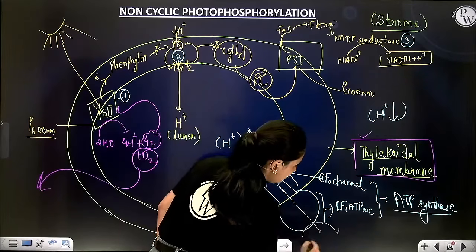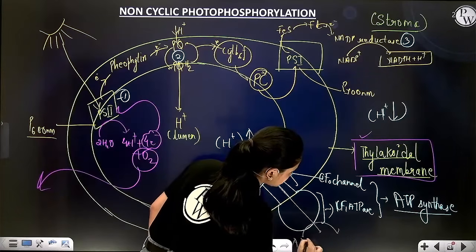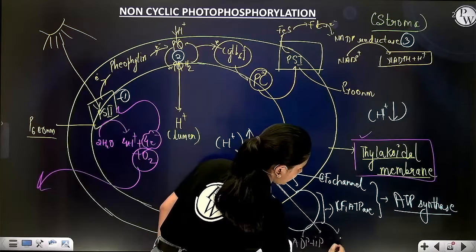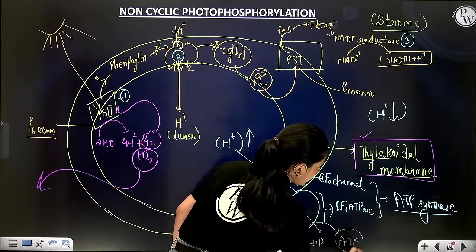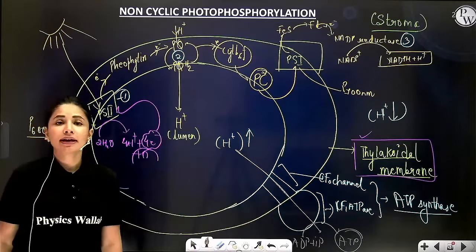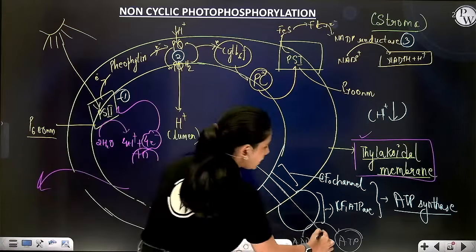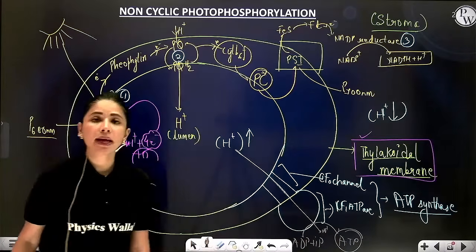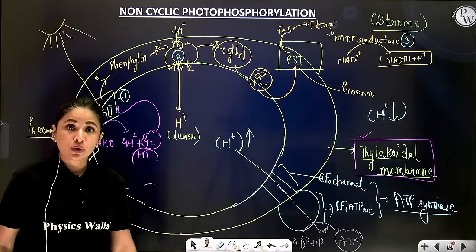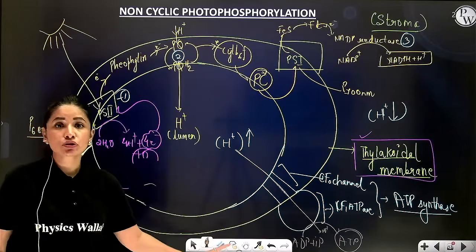It will lead to the attachment of free phosphate to ADP in order to generate ATP while protons are moving out. So this method is known as non-cyclic.